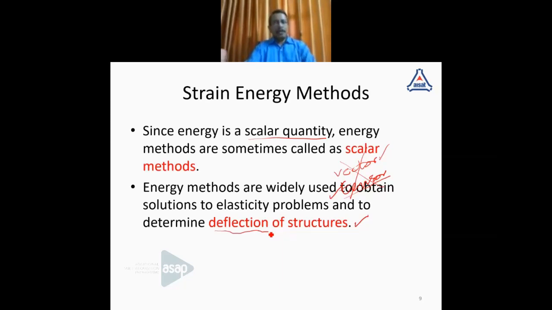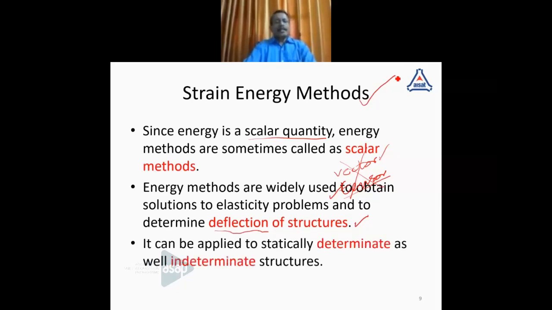Types of loading means normal, say axial stress can be applied, a shear stress can be applied, a torque can be applied, a bending moment can be applied. In certain such applications, the deflection of structure needs to be determined, and that involves different types of equations and solution procedures. And the same thing, the deflection of structures can be determined using the strain energy methods, using a scalar approach.